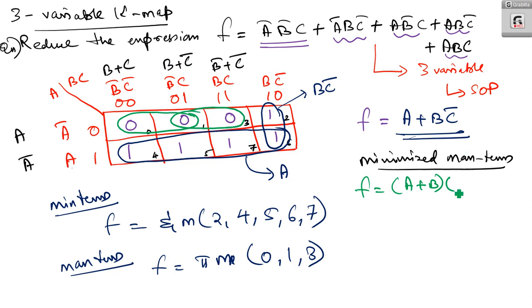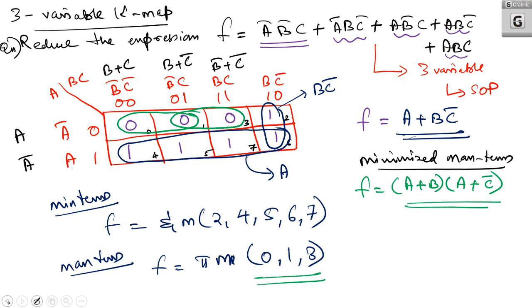So you can write A or C bar. Okay. So this is the minimized max term representation, that is given by pi M 0, 1 and 3. Hope you have understood how to minimize the given expression into minimized min term as well as minimized max term.